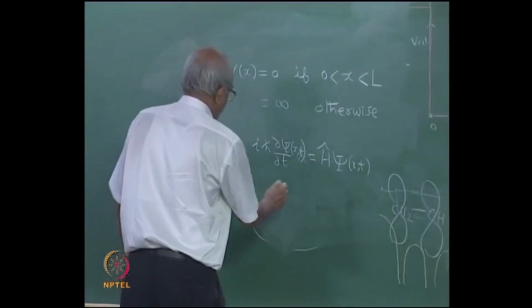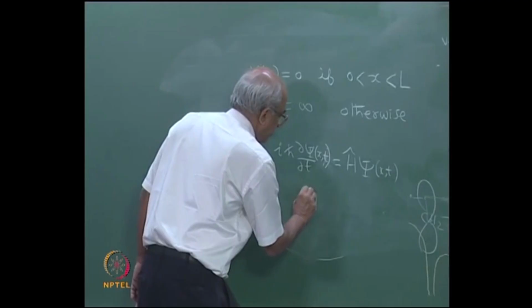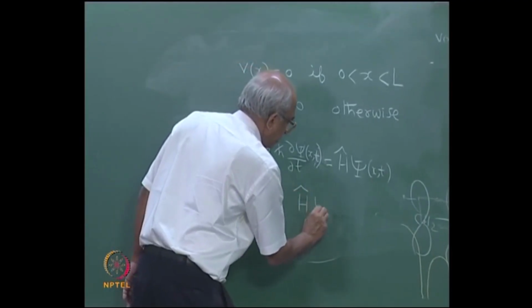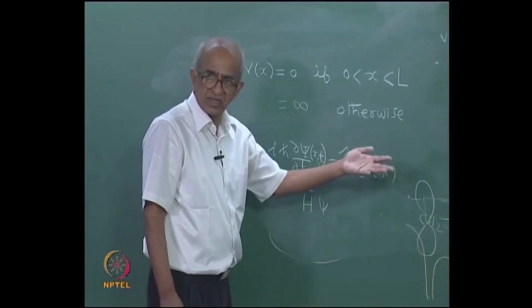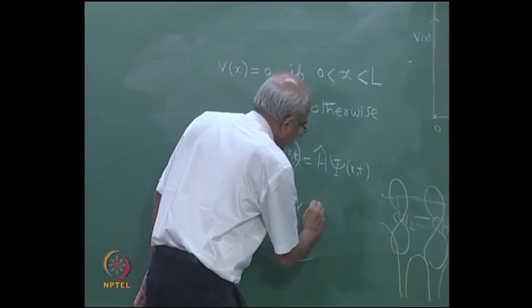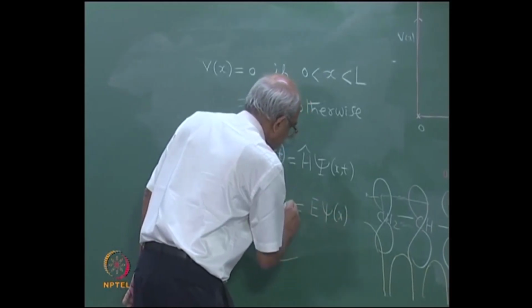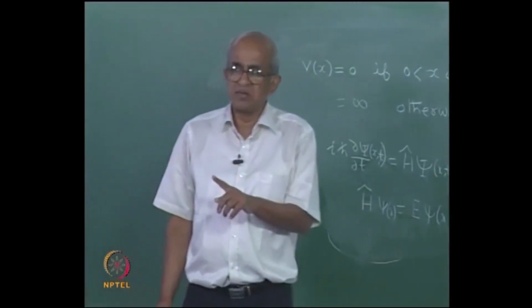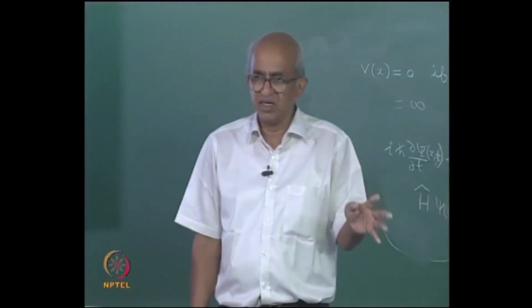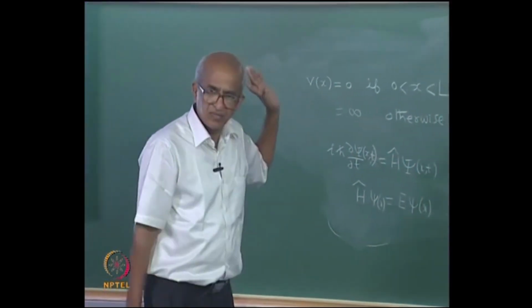I do not need to solve this equation, but it is enough if I can solve the equation H operating upon psi is equal to E psi. If you can solve that equation, then you can take that psi and multiply it by e to the power of minus i E t by h cross, and you will get a solution of the first equation.